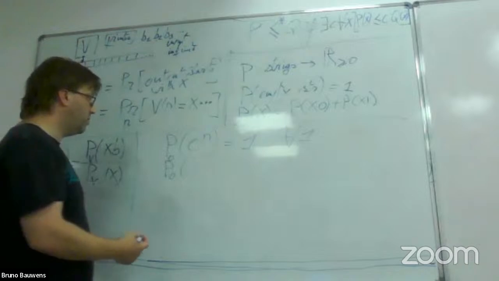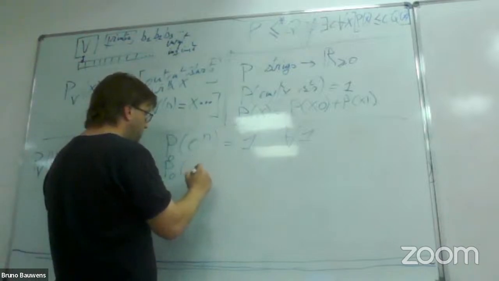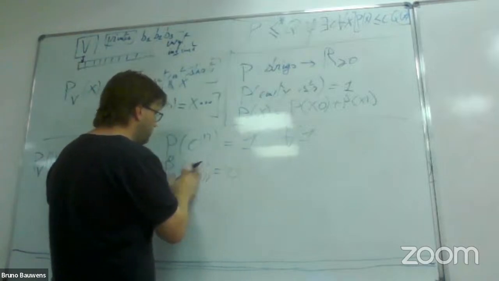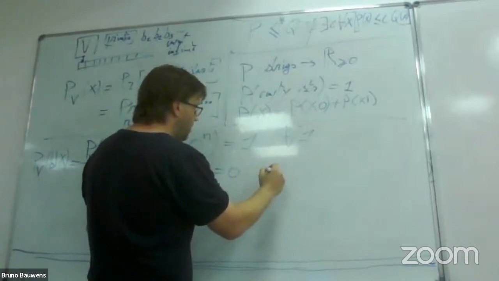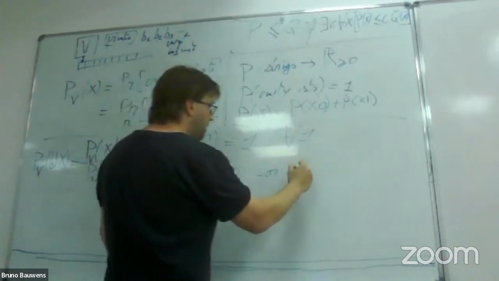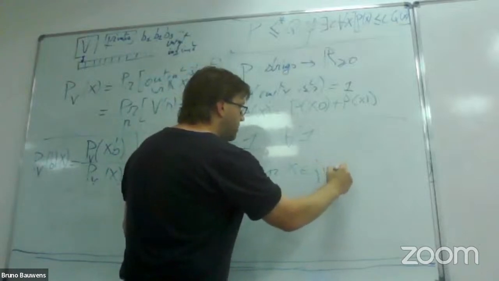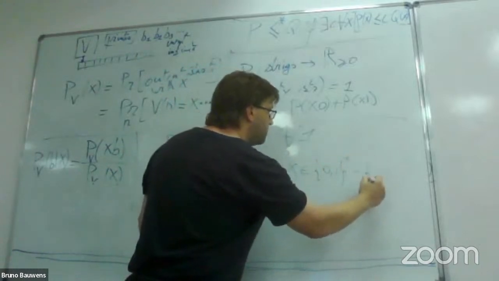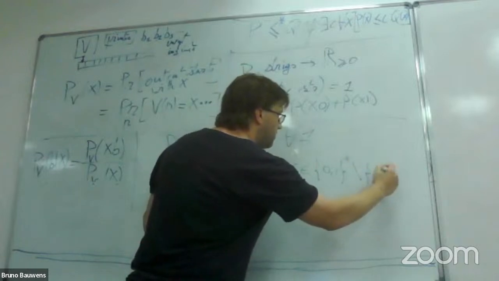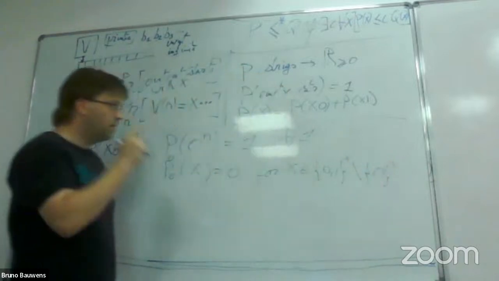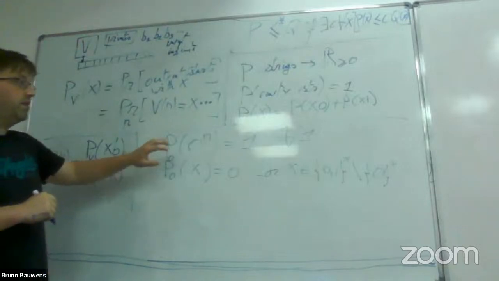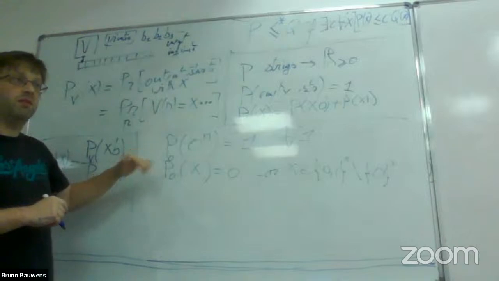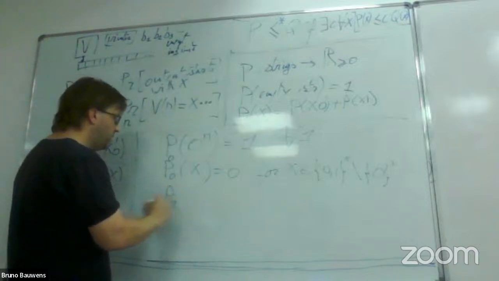So P of x is equal to 0 for x in {0,1}* minus 0*. Okay, and then we can do the same with 0 and 1 flipped. And so we have P1 like this.